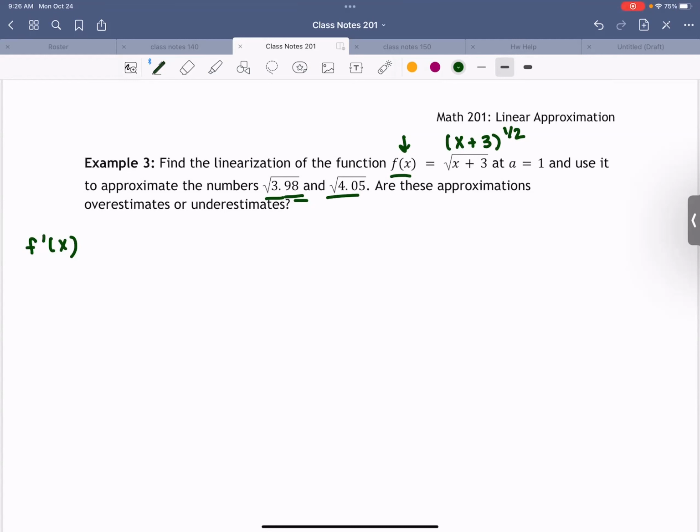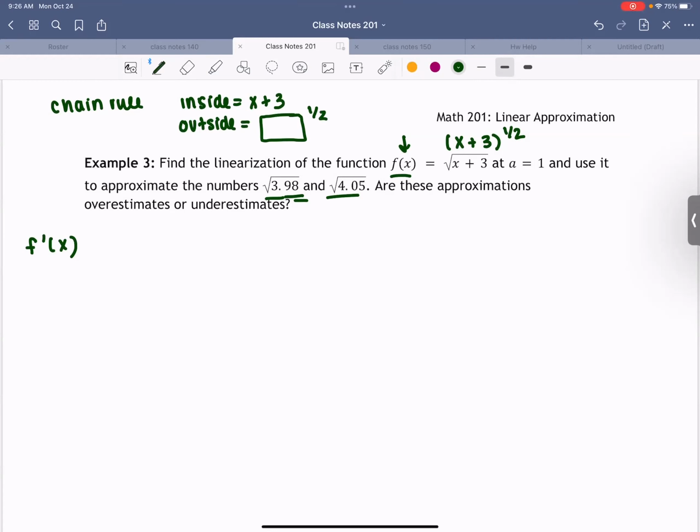Yeah, the chain rule, right? Good. We're going to use the chain rule for this. What's my inside function? Good. And my outside function is the 1/2 power, right? So the outside function is my square to the 1/2 power.